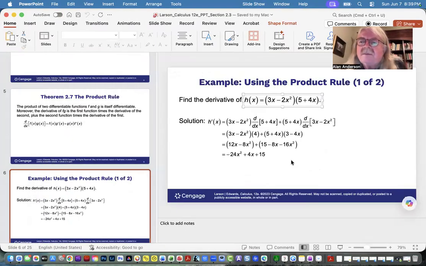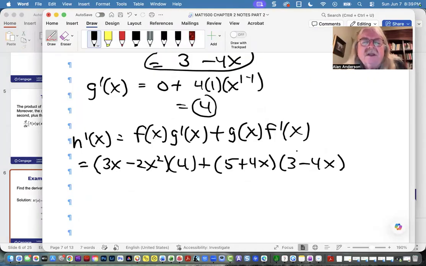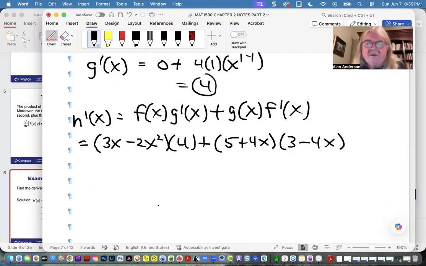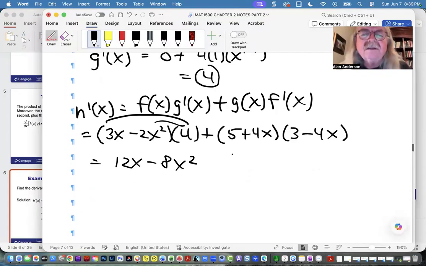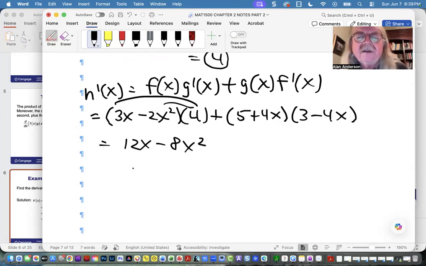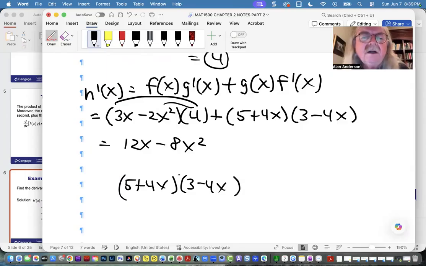When you're doing your WebAssign problems, they may ask you to do that too, to reduce this to a single polynomial. So let's see what would happen if we do that. So over here, we have 12x minus 8x squared. But now we have this part here. Let's move this aside and evaluate it with FOIL. All right, so here we go.